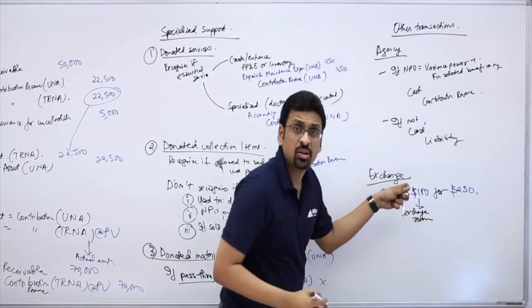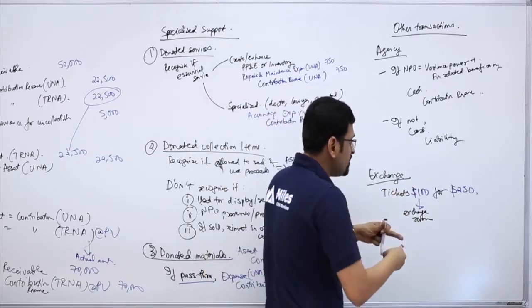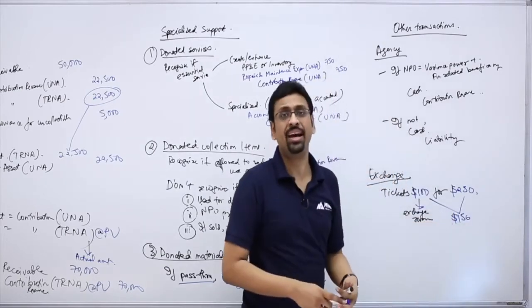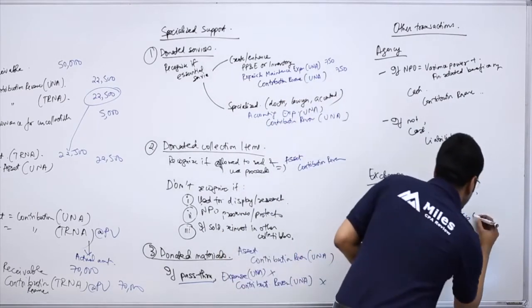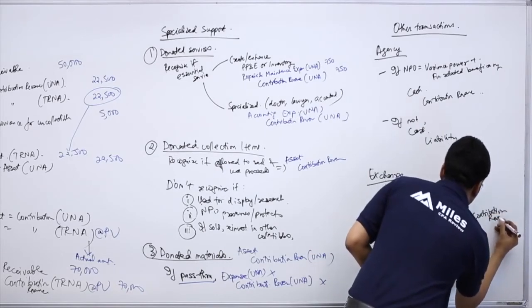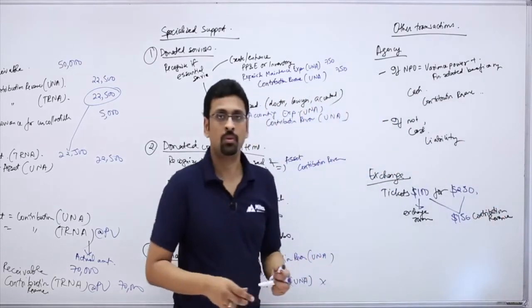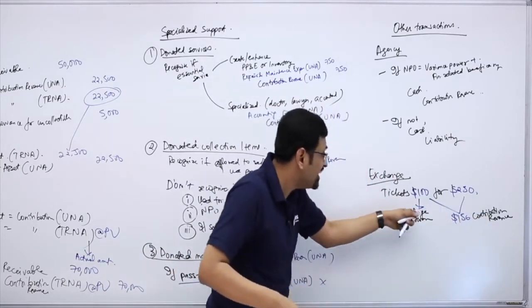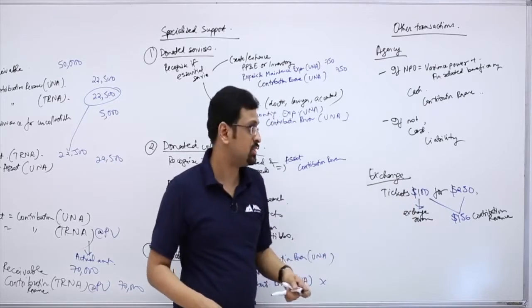This is not a donation. The difference here, $250 minus $100, $150, is contribution revenue, a donation. So guys, that's contribution revenue versus other transactions versus an exchange transaction.